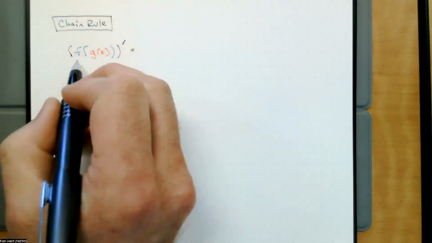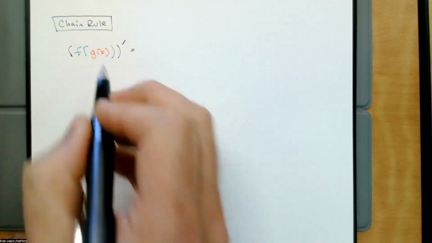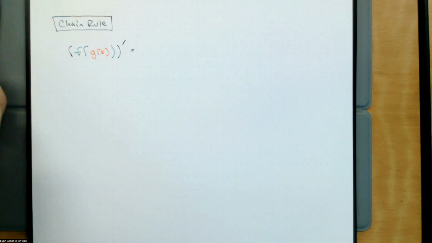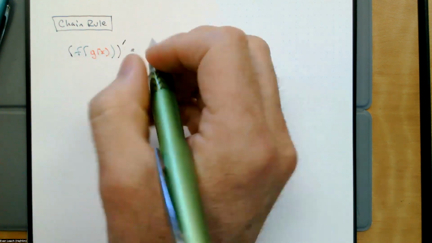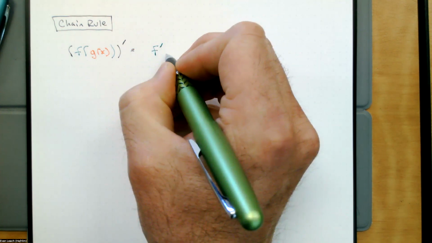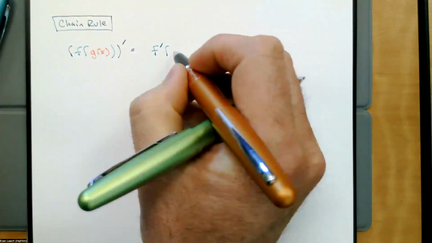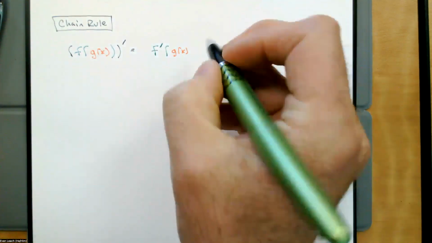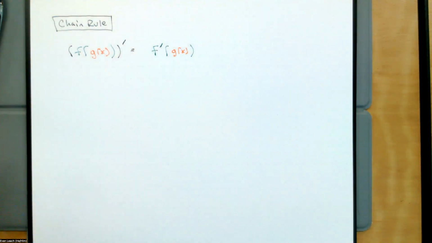So the derivative of f of g of x, the derivative of this composition of functions. Here's how it works. We take the derivative of the outside, the derivative of f, we find f prime of g of x. And then we multiply by the derivative of the inside.